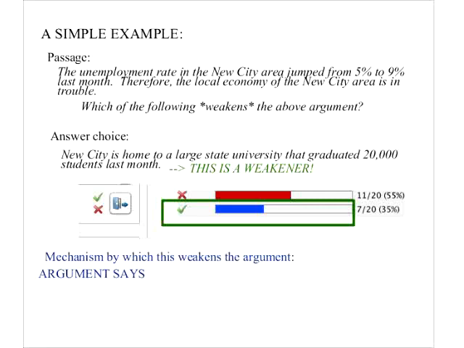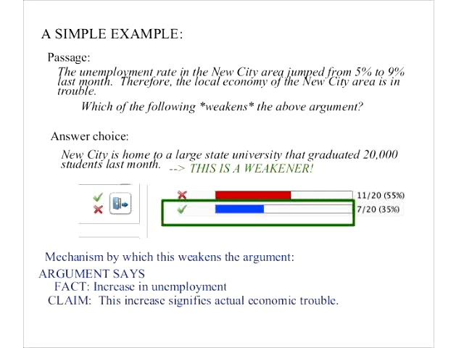We can't touch facts. So we know there was an increase in unemployment. We cannot attack this fact. Instead, what we need to argue is the line of reasoning. The claim is that this increase signifies actual economic trouble. This is what we need to attack, this claim.